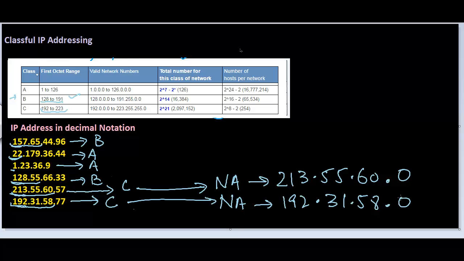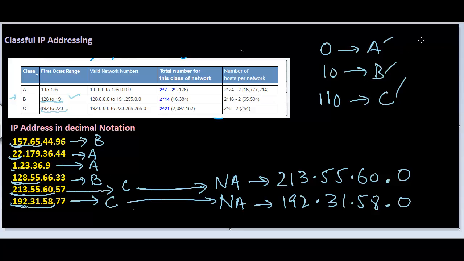So the router can find the network address by using the prefix, right, which is 0 for class A and it is 10 for class B, and it is 110 for class C. And based on that, the router can tell this is a class A IP address or a class B IP address or a class C IP address, and then it can find out the network address through that.